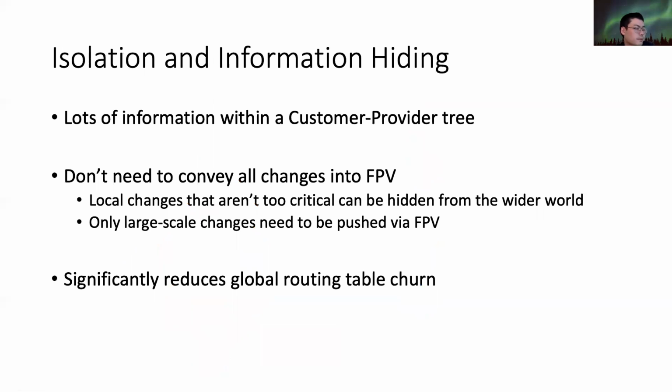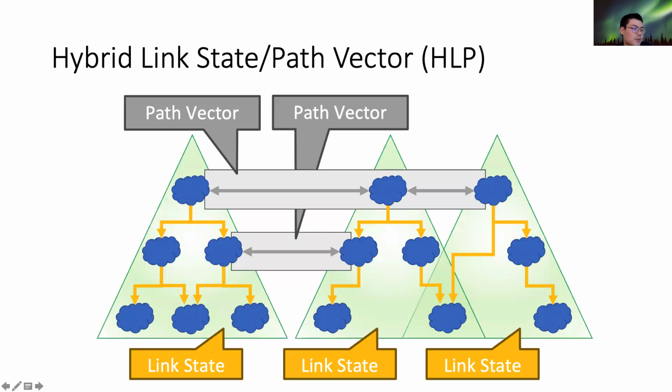There are also benefits from the isolation and information hiding perspective. If you look at the diagram here and at the number of links, most of the links are orange links between customer and provider. The peering relationships are not so many.